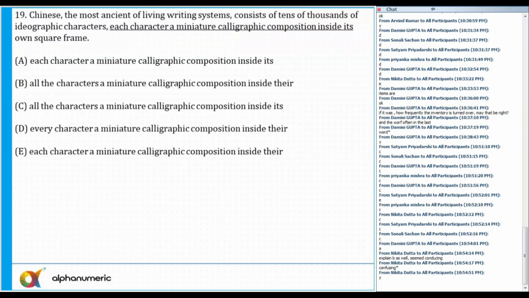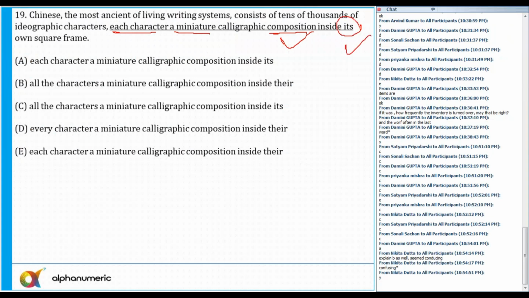Question number 19. Chinese, the most ancient of living writing systems, consists of tens of thousands of ideographic characters, each character a miniature calligraphic composition inside its own square frame. Each character is singular. It is a miniature calligraphic composition, correct, singular.